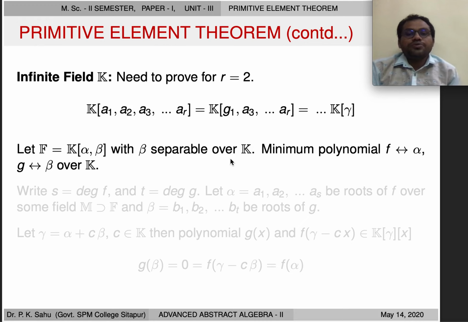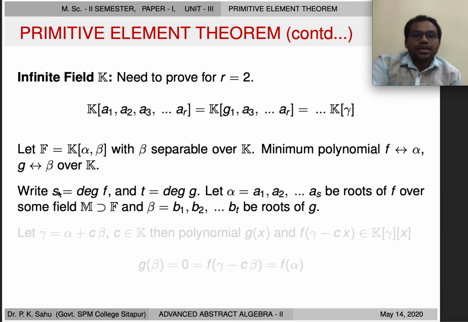So we start with minimal polynomials. The minimal polynomial for the element alpha is f over the base field k, and the minimal polynomial for the element beta will be g over the base field k. Now if the degree of f is s and the degree of g is t, then a1, a2 all the way to as are the roots of f, and b1, b2 all the way to bt are the roots of g.